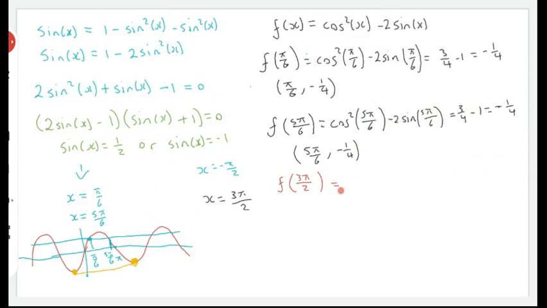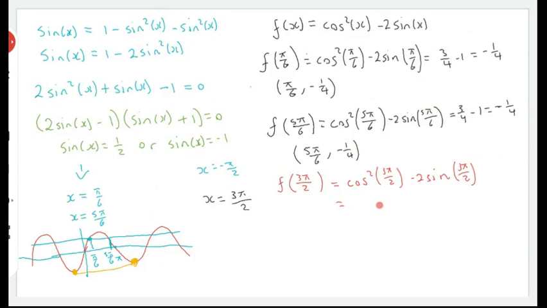So what is 3 pi over 2? Cool. Okay, so that's going to be cos squared of 3 pi over 2 minus 2 sine of 3 pi over 2.